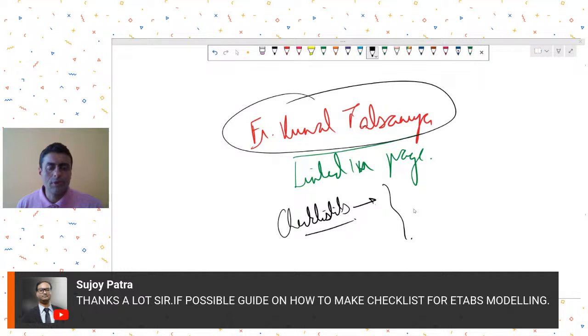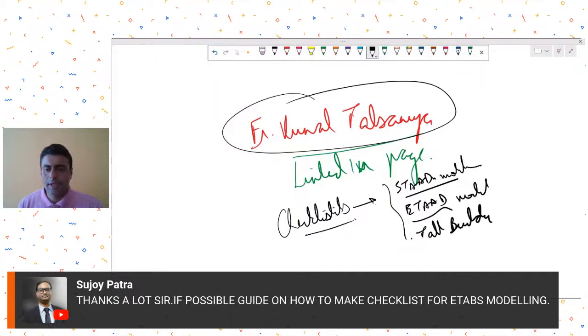One of them is for STAAD modeling, one is for ETABS modeling, and one is for if you are doing a building using IS 16700 tall building. So all those checklists are there. Instead of me making a fresh checklist, he has already made excellent checklists for various scenarios. So you go and visit his LinkedIn page and take it from there. Okay.